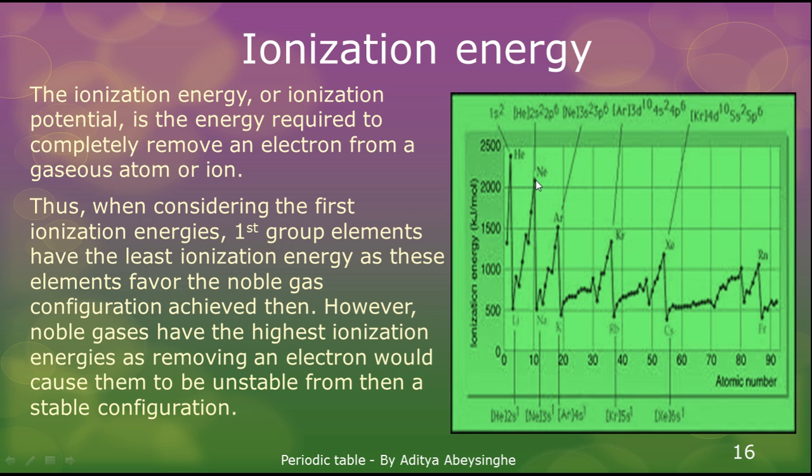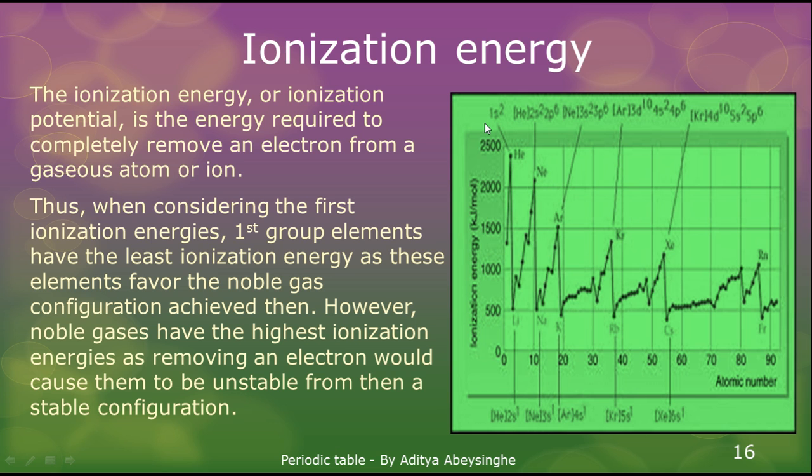When you provide energy, the electron may change, but neon, argon, krypton, xenon, radon, even helium, doesn't like that. Any element wants to become stable, not to become unstable from a stable configuration.